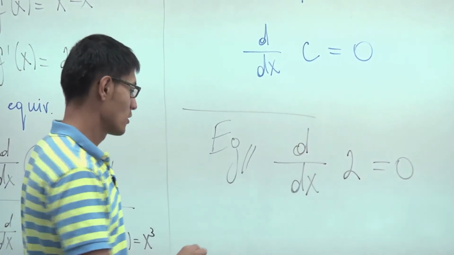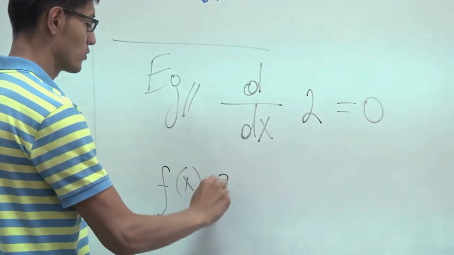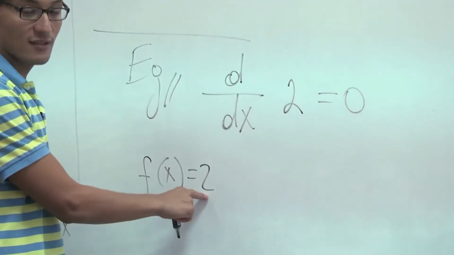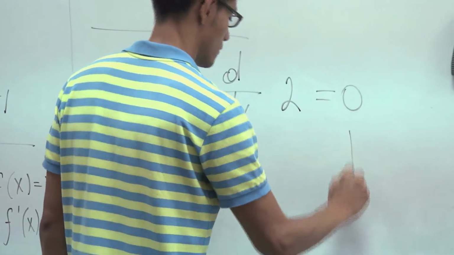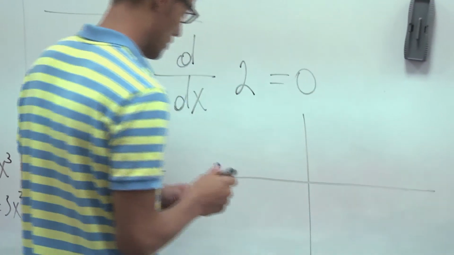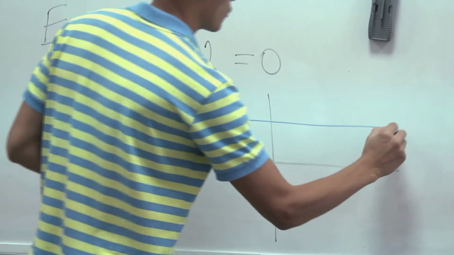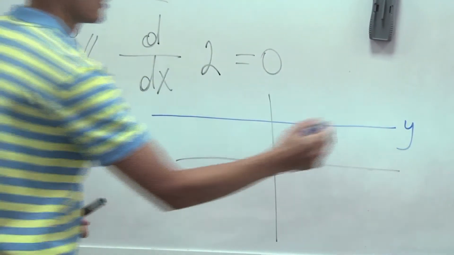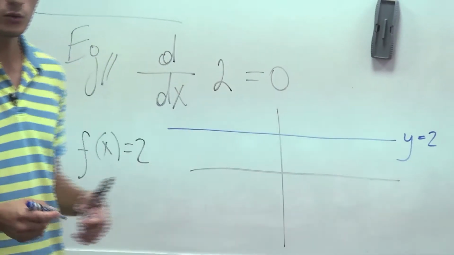And what's the reason? Well, the reason is if I take the function f of x equals 2, or any other constant function, then the graph of a constant function, so in particular f of x equals 2, its graph will be a horizontal line. This is the graph of the function f of x equals 2.